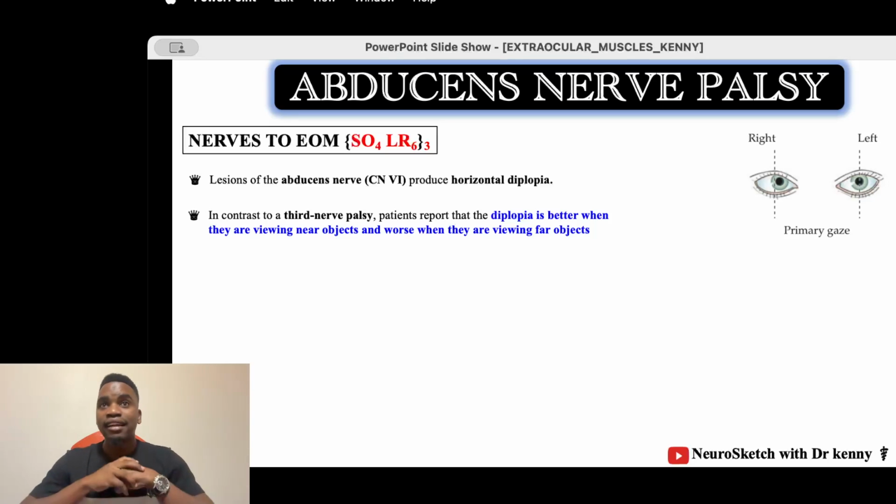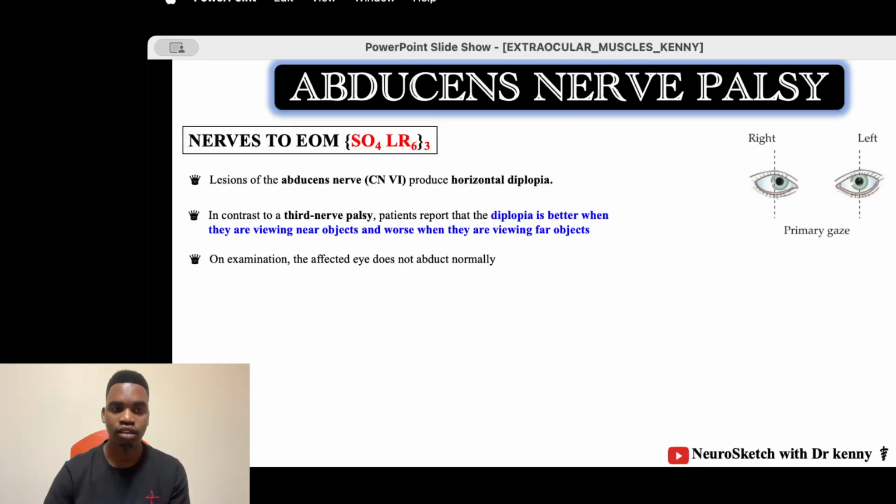And so the diplopia will worsen when the patient is trying to look at the distant object. But when the patient is trying to look at an object closer to him, the diplopia will be a little bit reduced. So it improves when you want to see the closer object, but it worsens when you're looking at a distant object.